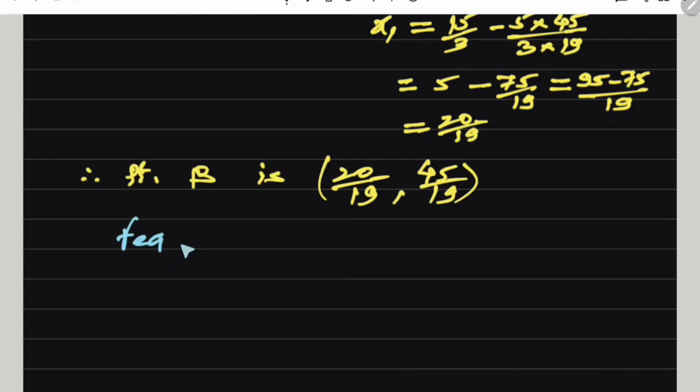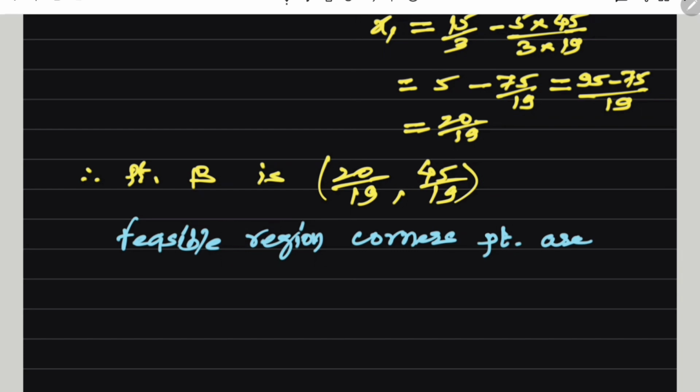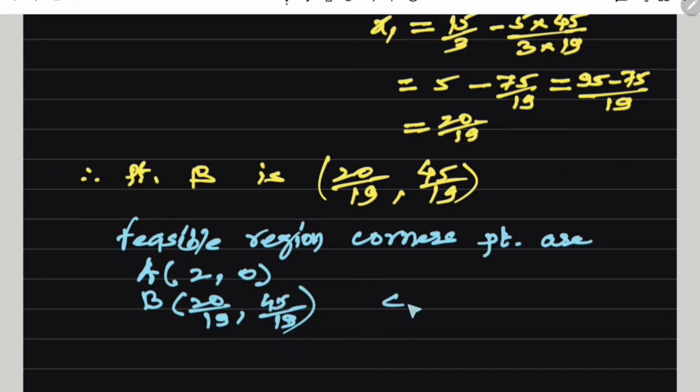Then the feasible region corner points are O as (0, 0), then A (2, 0), B as (20 by 19, 45 by 19), and C as (0, 3).